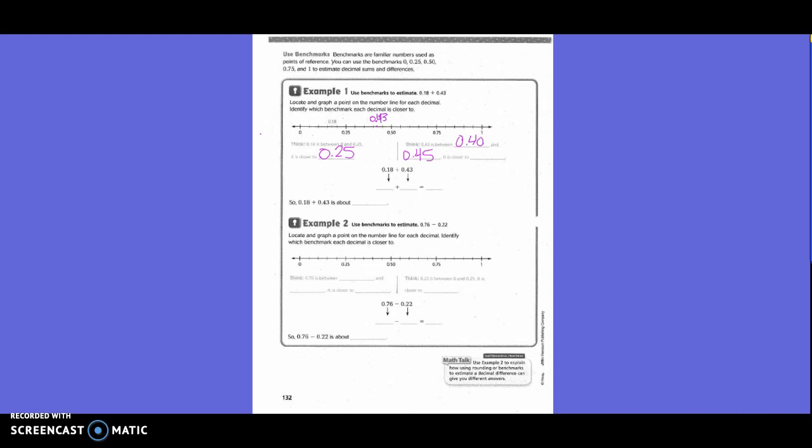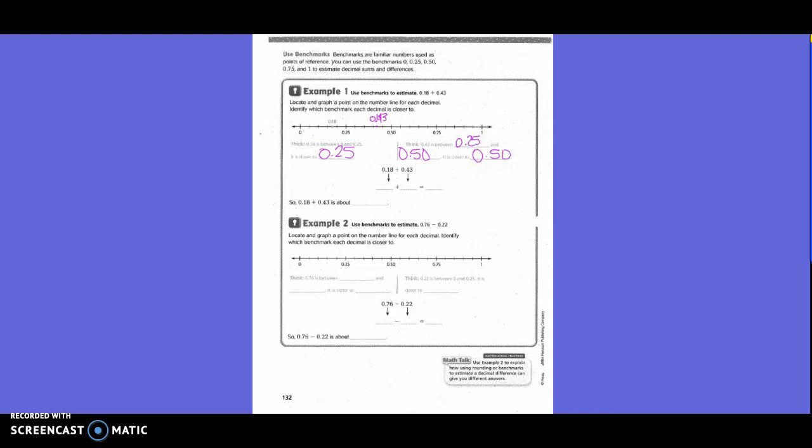This is what it's between, but they want the benchmark that it's between. So it's between 25 hundredths and 50 hundredths. Those were the two tack marks. So we were a little too specific. Okay? So which one would it be closer to, 25 hundredths or 50 hundredths? 50 hundredths.